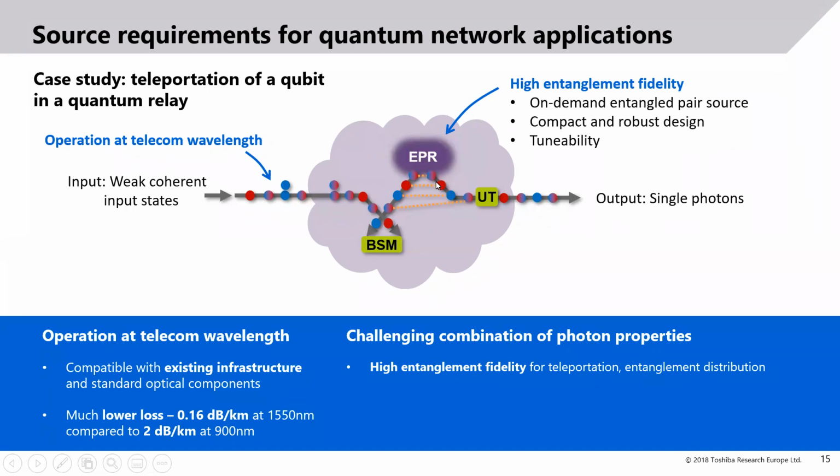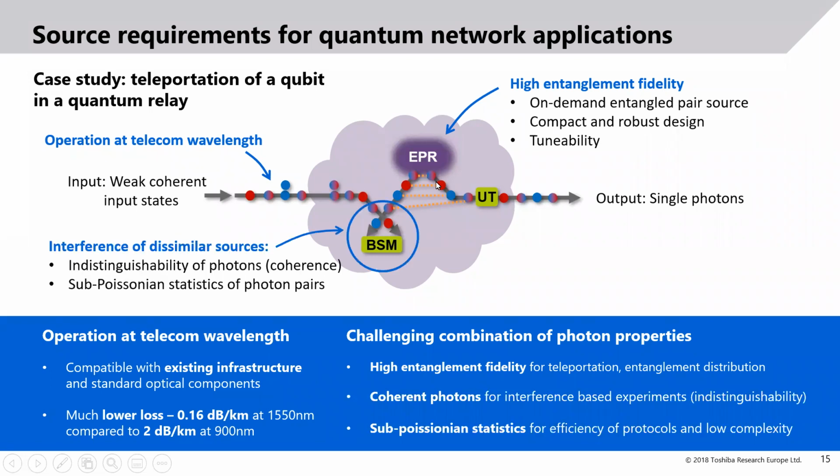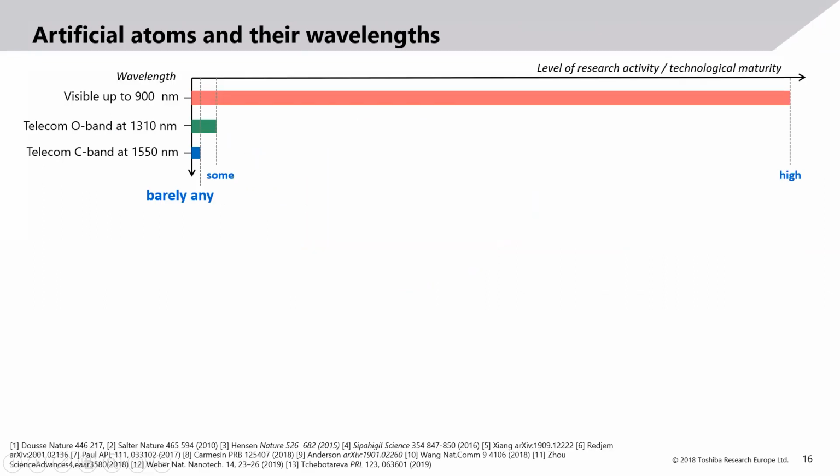Now, in addition to the high entanglement fidelity, we also need to make sure that we can efficiently do the Bell state measurement, which is based on photon interference, and that requires that we need coherent photons to do this Bell state measurement, and also sub-Poissonian statistics for efficiency of our protocols. So this is a little bit our wish list, what we would like to have from our C-band quantum dot source, and this is what I'll be talking about in the coming chapters.